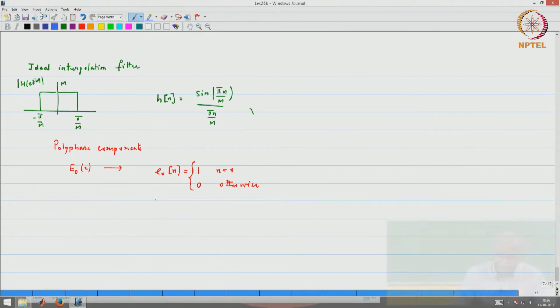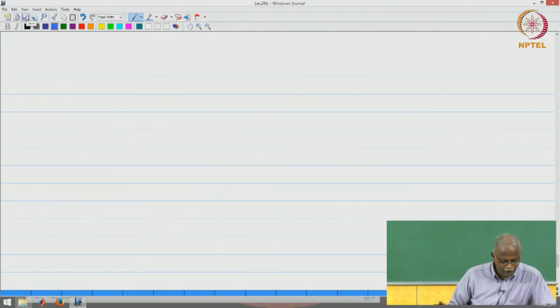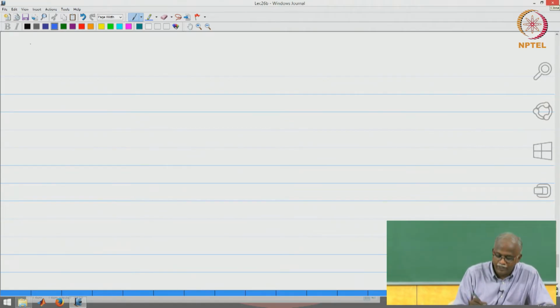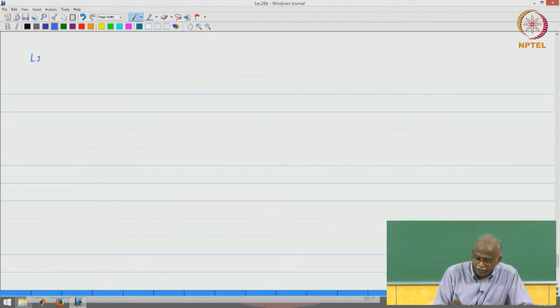So let me start with a quick point about lecture 25. This is what I would like you to carry away from lecture 25. In lecture 25 we saw a lattice. With this, being able to compute the transfer function, I think, is an important element.